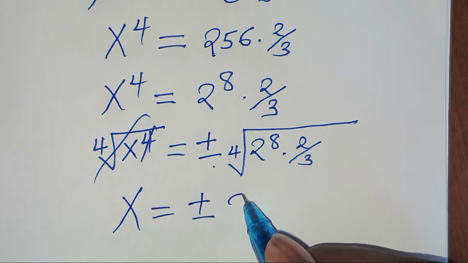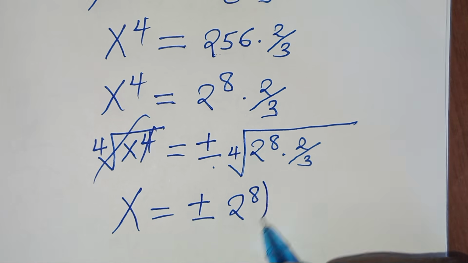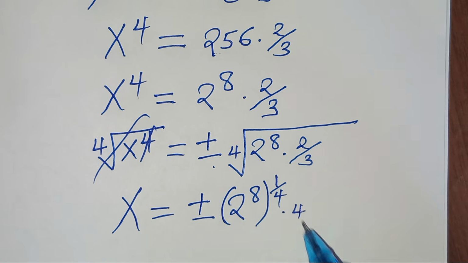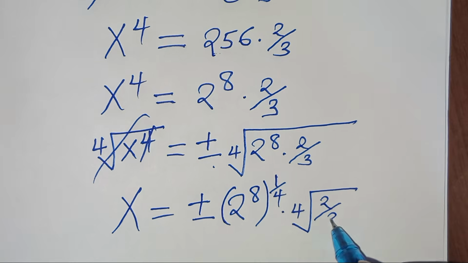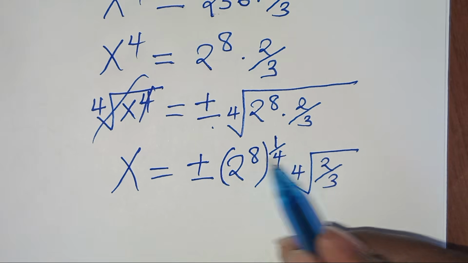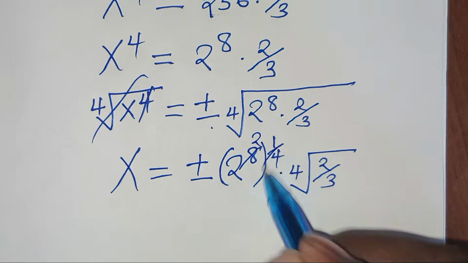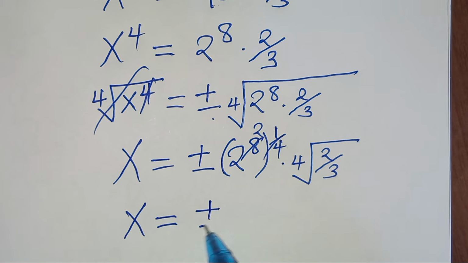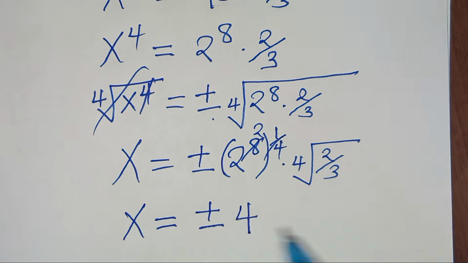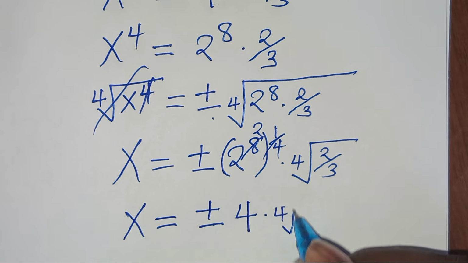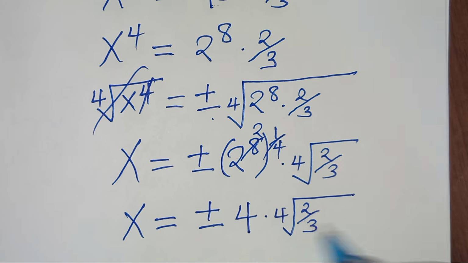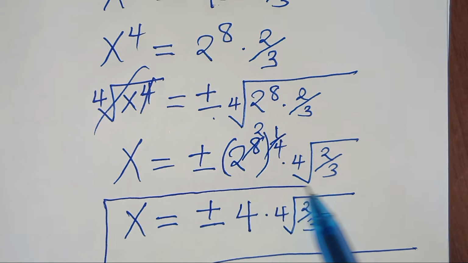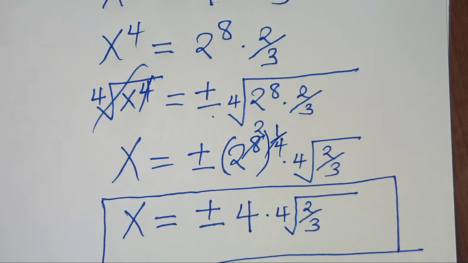We can express this as 2 to the power of 8 raised to the power of 1 over 4 multiplied by the fourth root of 2 over 3. So 8 divided by 4 is equal to 2. And this indicates that x is equal to plus or minus 2 squared, which is 4, multiplied by the fourth root of 2 over 3. Now, these are the other two values of x under case 2.